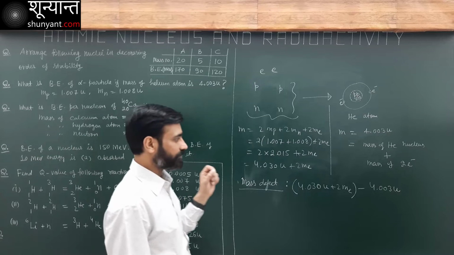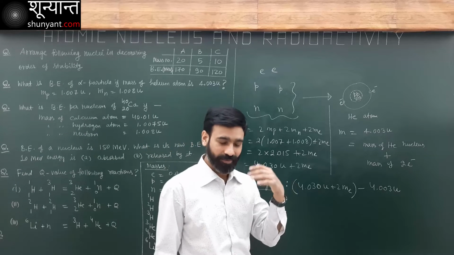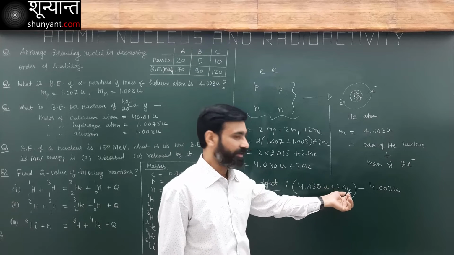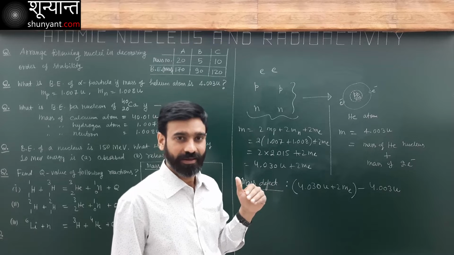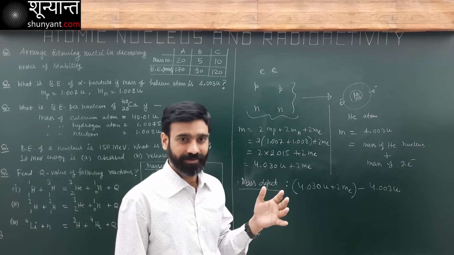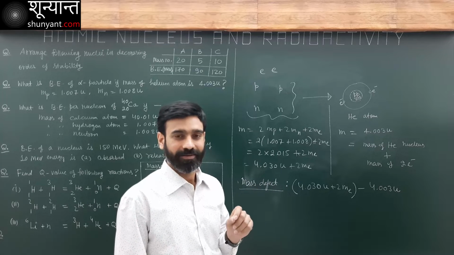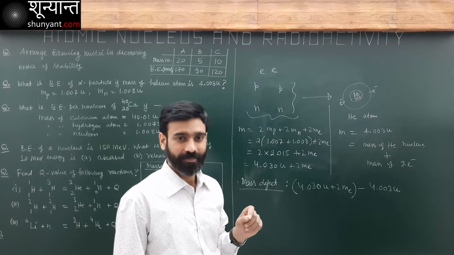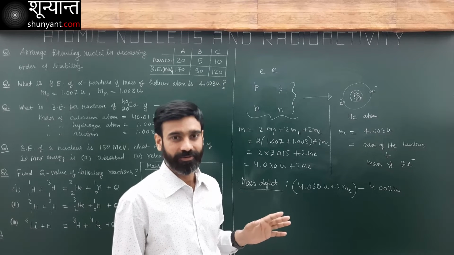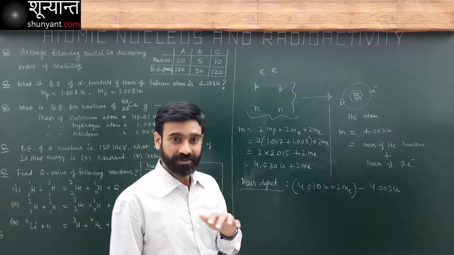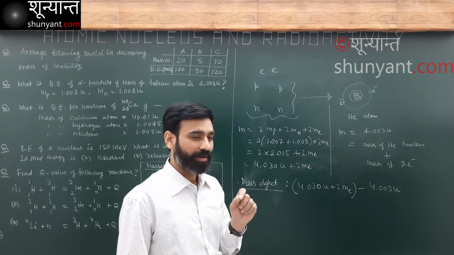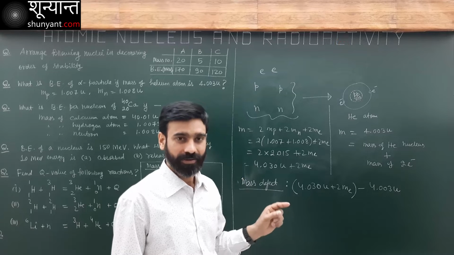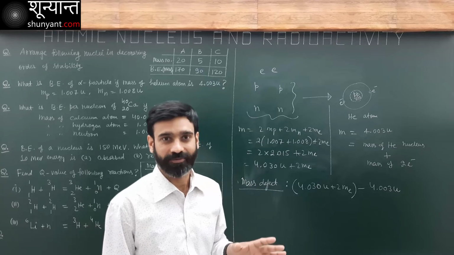So if you know this, you can use the value. But generally these values are not expected to be remembered. If some problem needs them, they will provide that value. If the value is not provided, then you are expected to solve it without using that value.